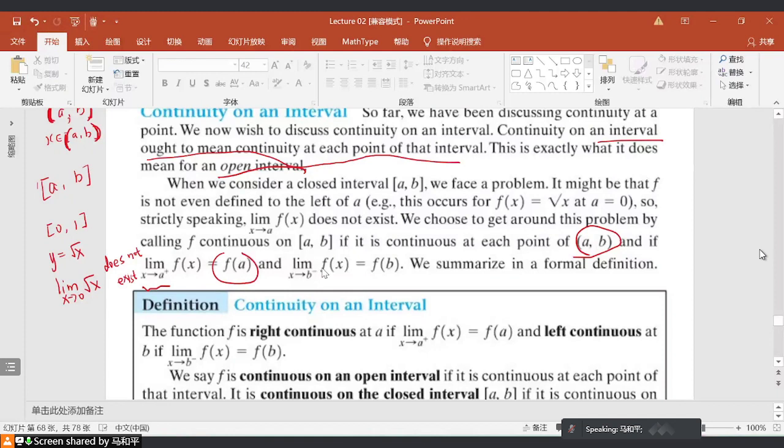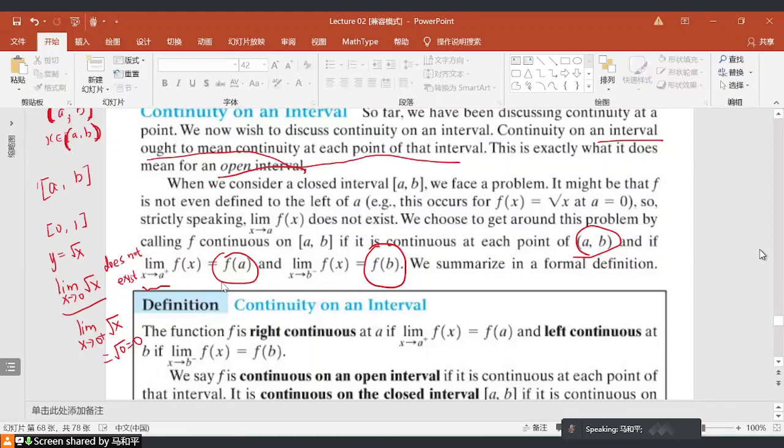This must be f(a). And for b, we consider the left-hand limit. The limit must be f(b). And we summarize this in a formal definition. For example, this one. Although the two-sided limit does not exist, as x approaches 0 from the right the limit is equal to 0, so it's equal to f(0). This means f(x) equals the square root of x is continuous on this closed interval.